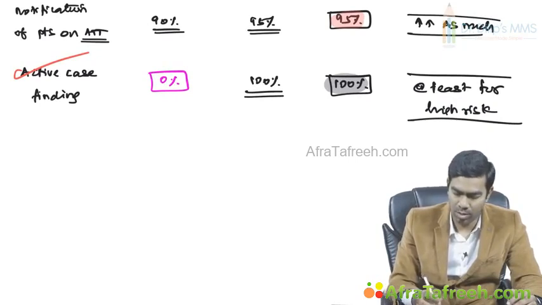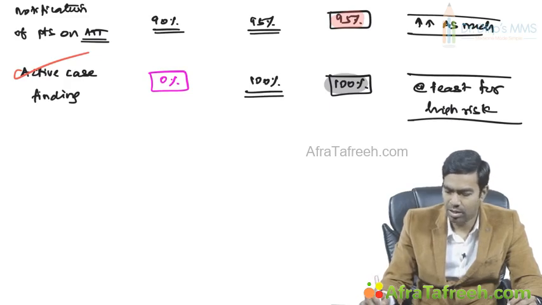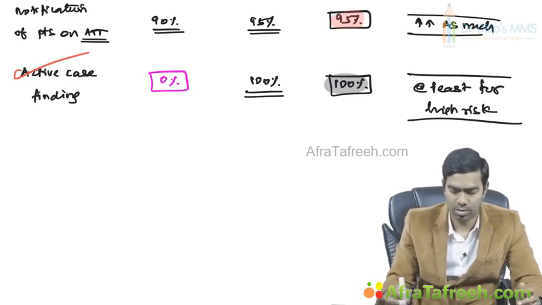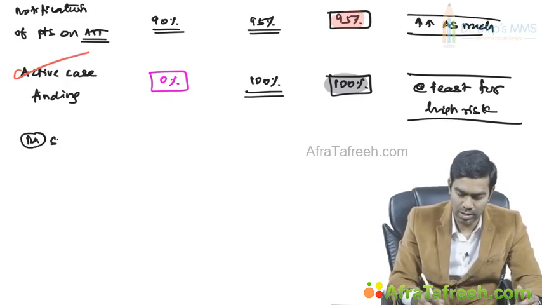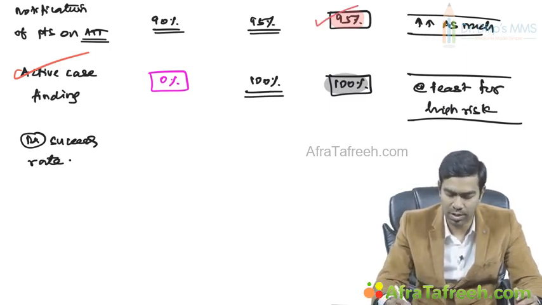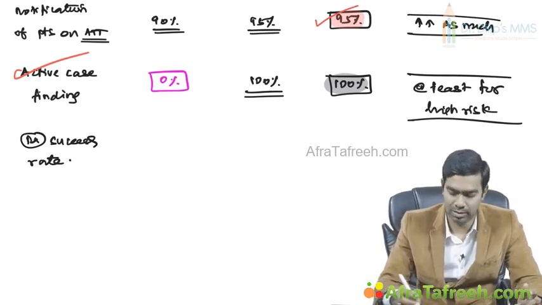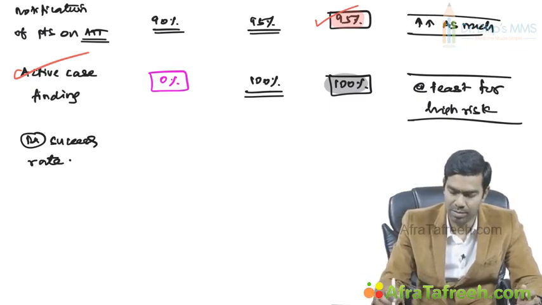So then what about the treatment success rate among the notified cases of TB? That is also an indicator. Obviously, when you increase the notification rate, this also will become easier to capture, the data at least. So what will be the treatment success rate? Right now it is 75% among the notified cases.